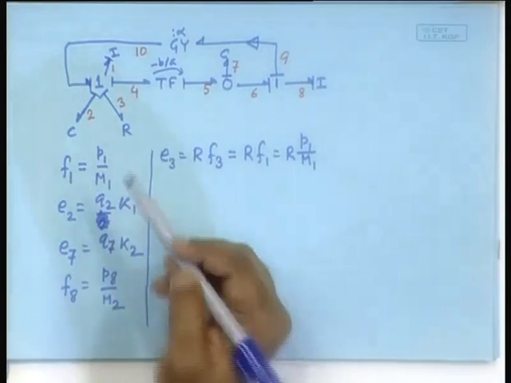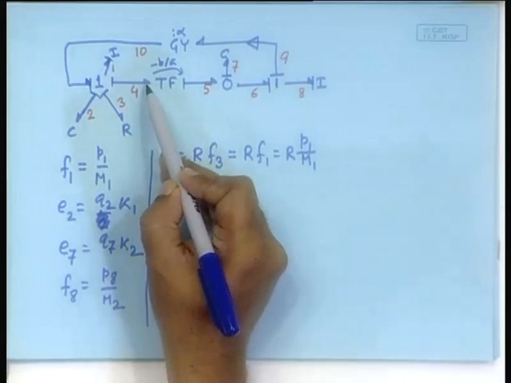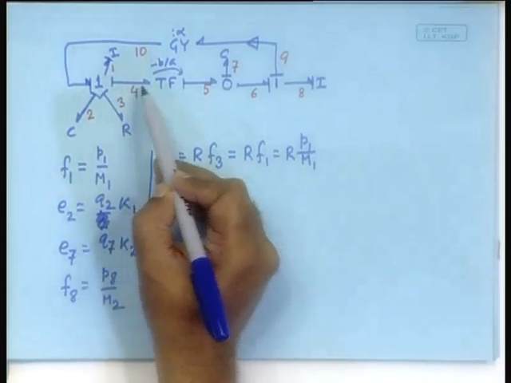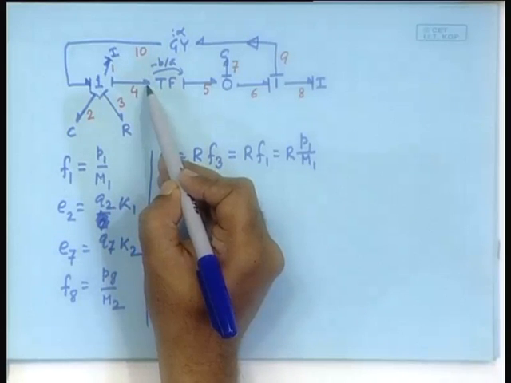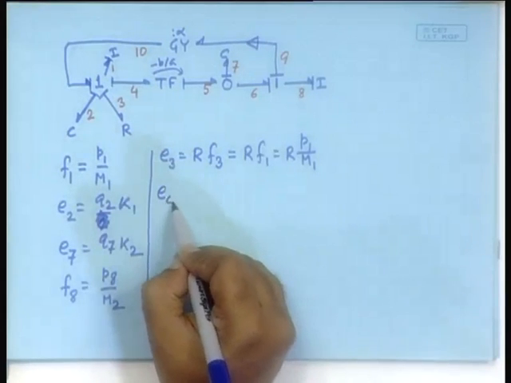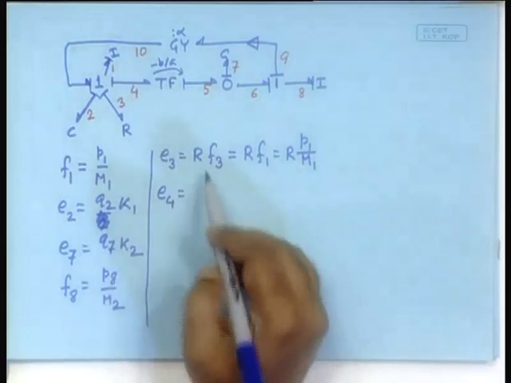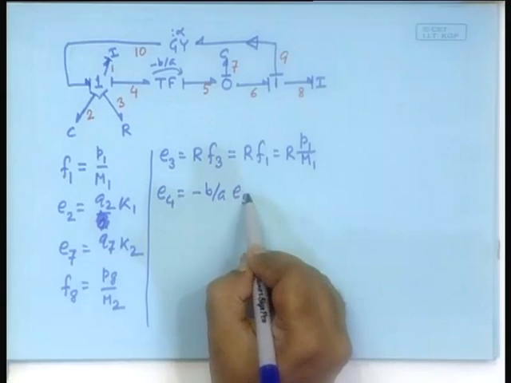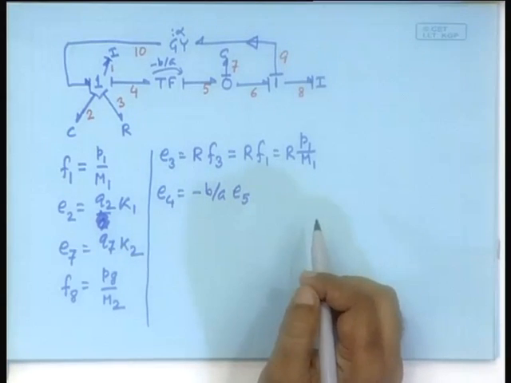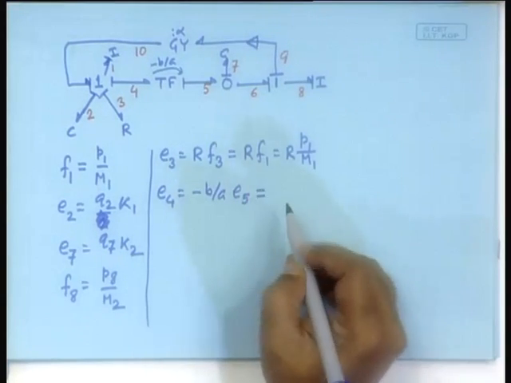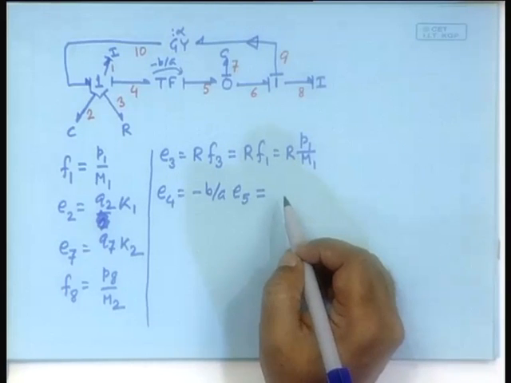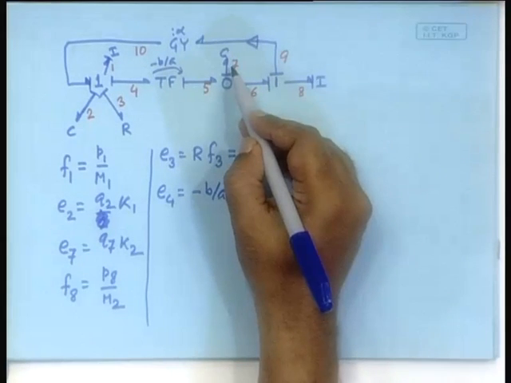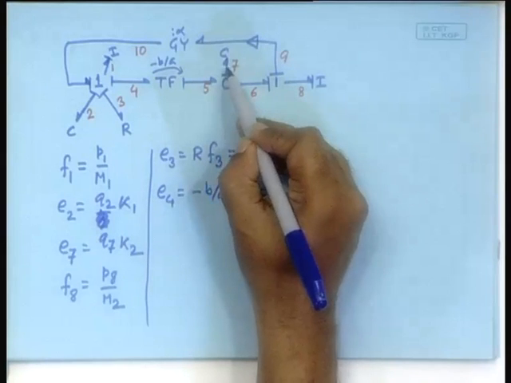So, what is remaining? This and that. What does the transformer give through this bond to the rest of the system? It gives effort. So, E4 is equal to minus B by A times E5. E5 comes from E7, right? 0 junction, E5 is equal to E7.